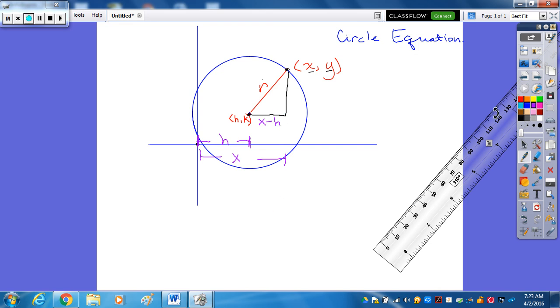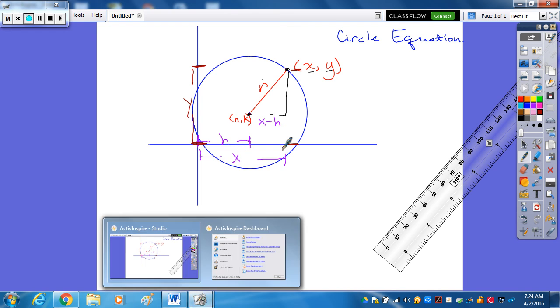Now, for the vertical distance there, I know that this distance here from the x-axis up to this point will be my y value. That's going to be a length of y. So I'll do it over here so it doesn't get too messy. This length here is going to be a length of y, all the way up to this point here.